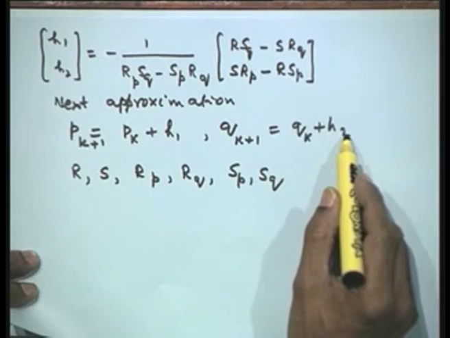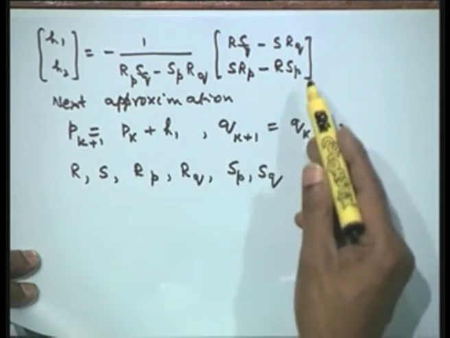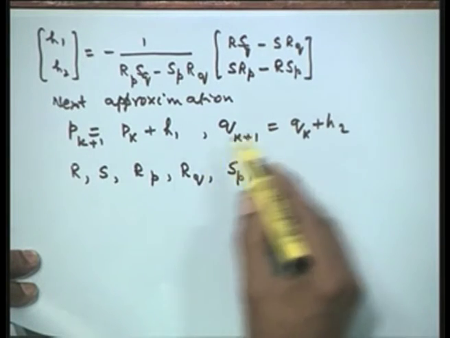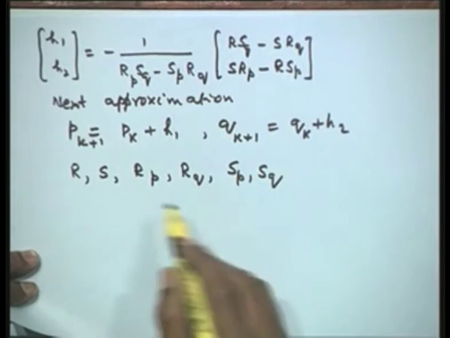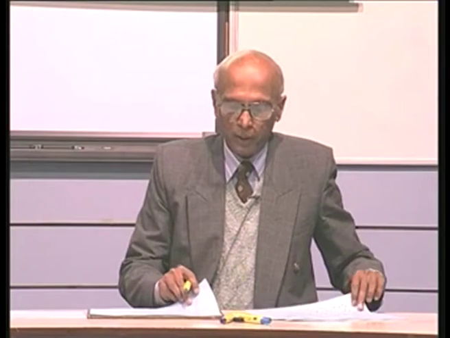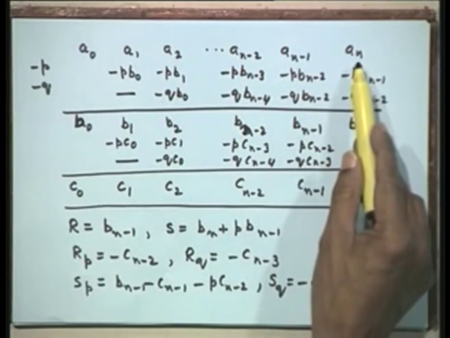q(k+1) is equal to q(k) + h2. Now, we have also seen that there are 6 quantities to be evaluated at the point (pk, qk), and to derive these 6 quantities we had used the synthetic division procedure. In this procedure we have written all the coefficients of the given polynomial.